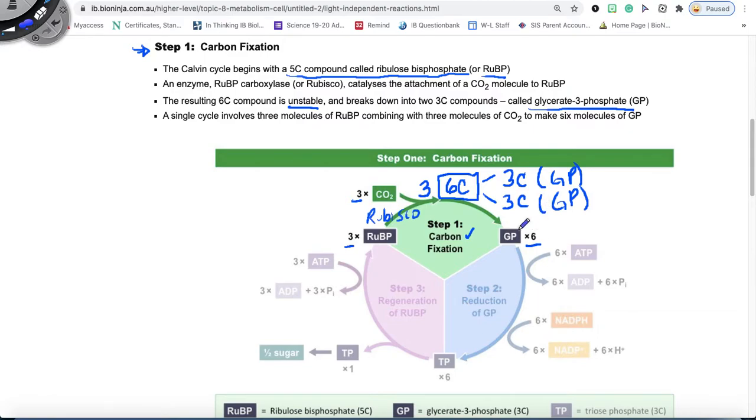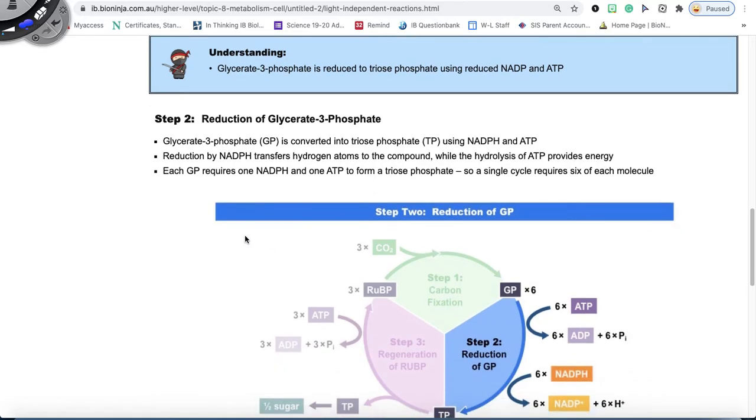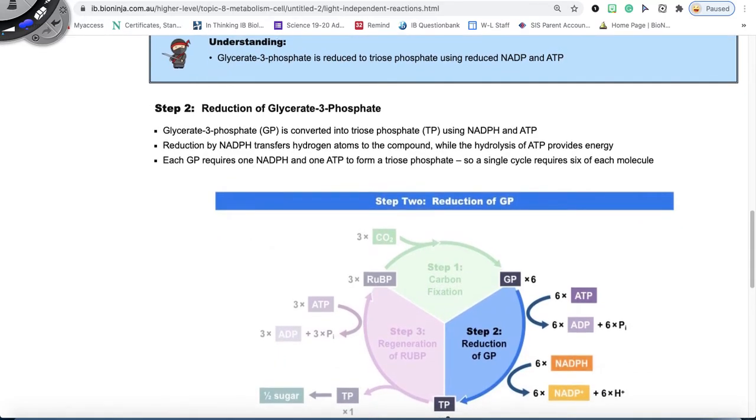So what happens with this GP? Well, that's step 2 in the Calvin cycle. Glycerate 3-phosphate, or GP, is reduced to triose phosphate using reduced NADP and ATP. Here we have the 6 molecules of GP, and this molecule is converted to triose phosphate.